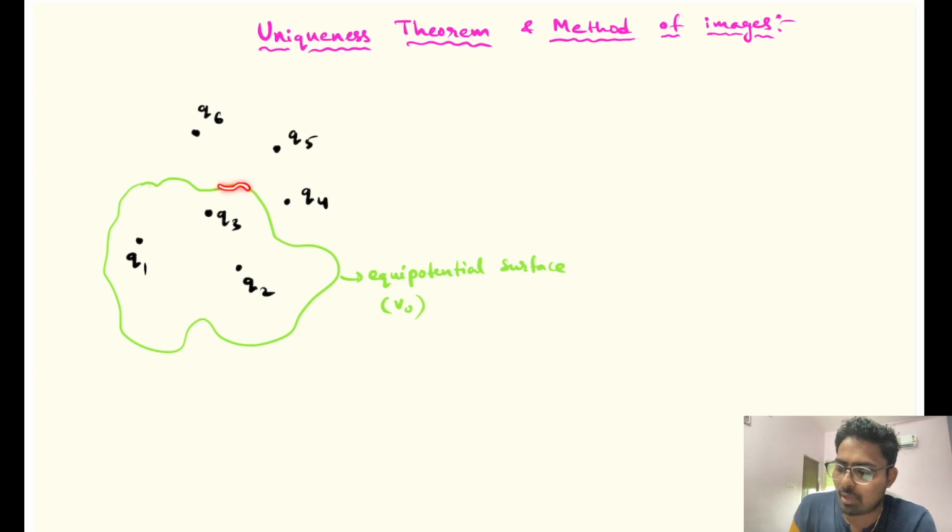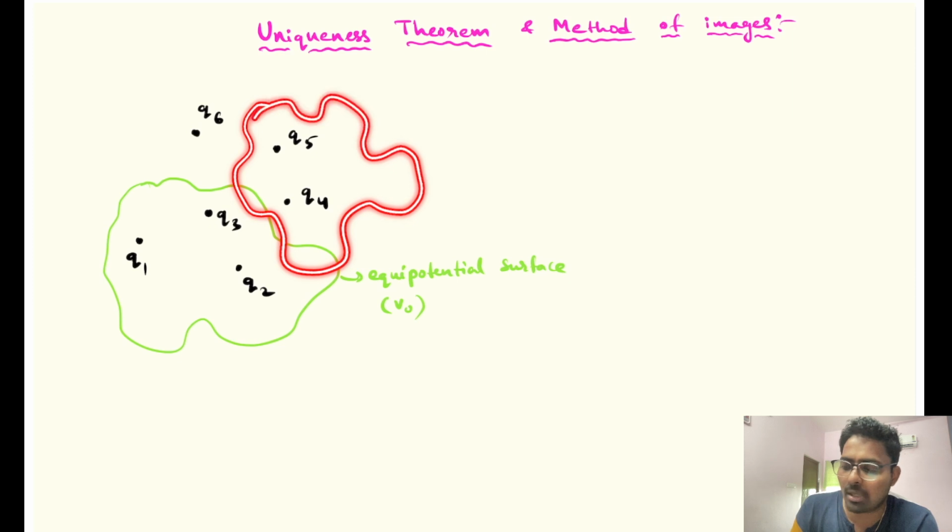So we are able to find some equipotential surface for this given system of particles. For a particular voltage V0, this would be the equipotential surface, and for some other voltage you might get some other, different equipotential surface.